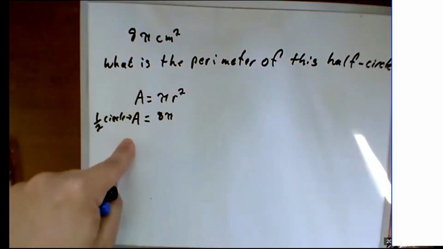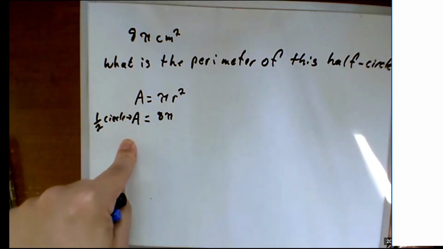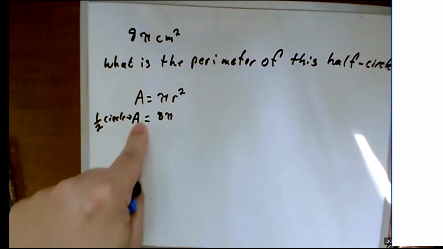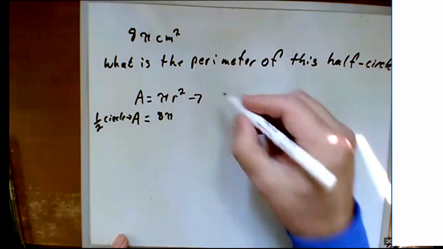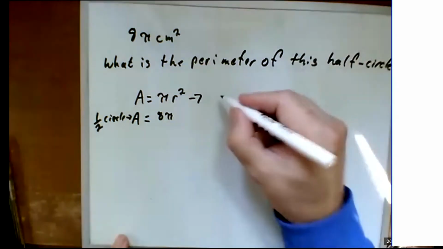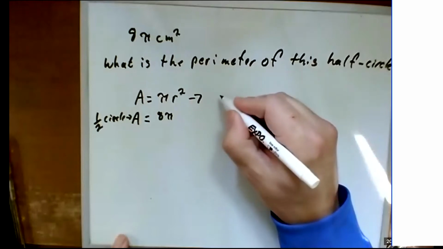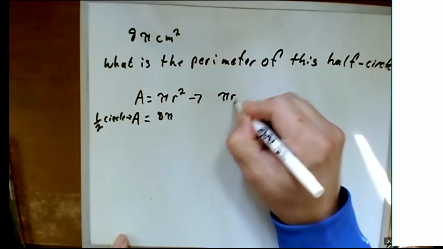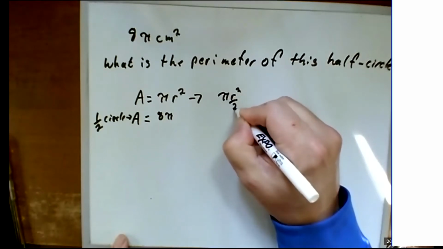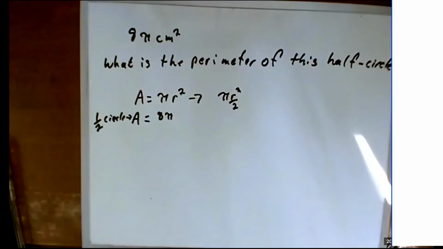We want to do something to make these match. This is only half the area of that, so I'm going to take this area equation and divide it in half. That's going to end up being pi times r squared over 2, because I just want half of it, so I am dividing it by 2.